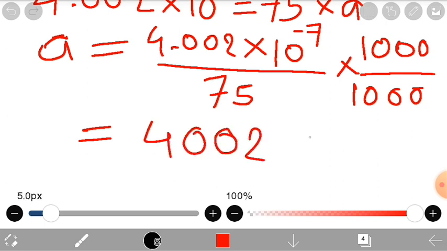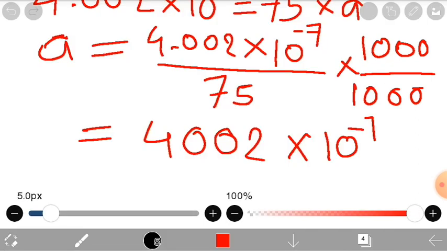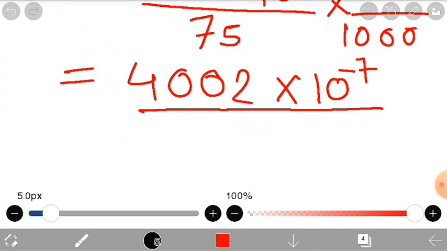We will get 4002 into 10 raised to minus 7 upon 75 and 3 zeros.